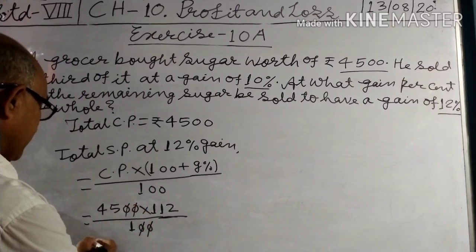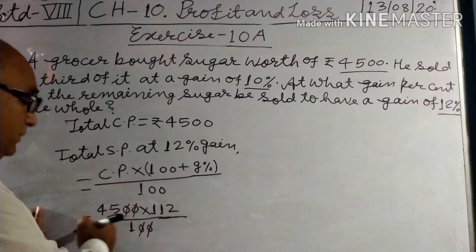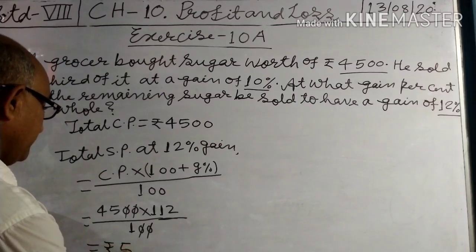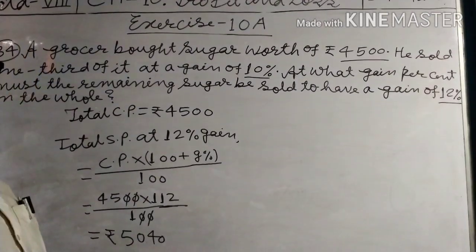Double zero and double zero cancel. Multiply 112 by 45. So result is rupees 5,040.